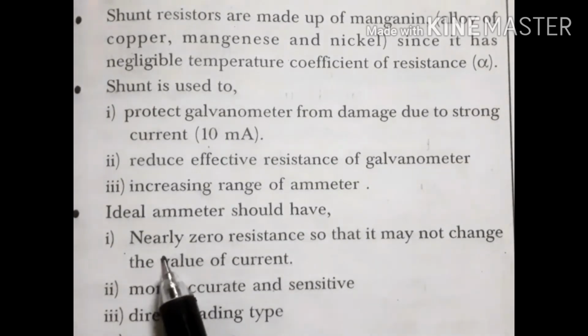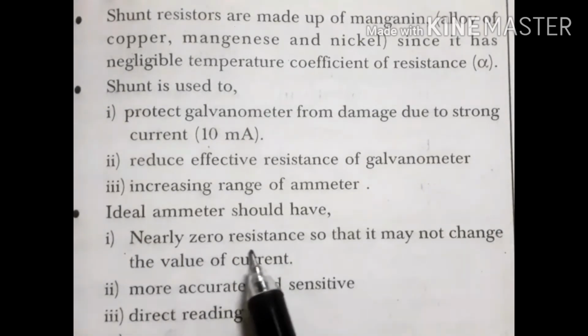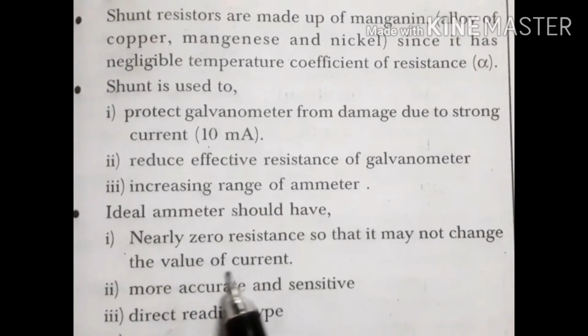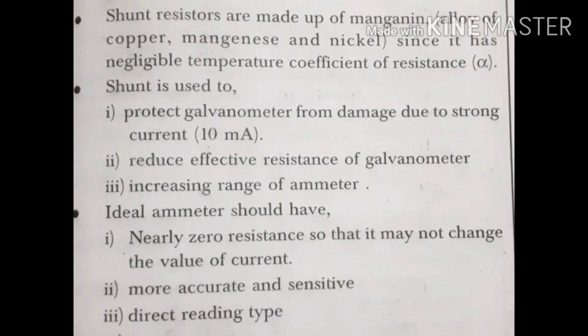An ideal ammeter should be accurate and sensitive, and it gives the direct reading. The ammeter is a low resistance galvanometer and is connected in series with the circuit.